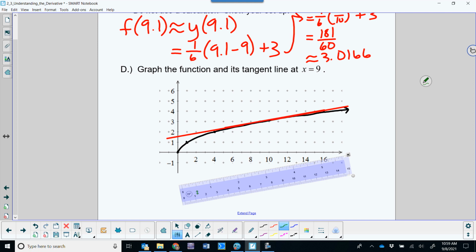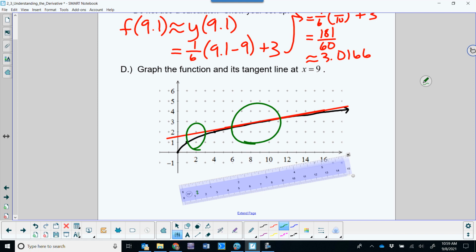So around here, it's a good approximation. The tangent line is really close to the function. But over here, if I tried to use the tangent line to approximate the square root of 2, that wouldn't be a very good answer because it's pretty far away and the tangent line isn't that close to the function. So that's the idea about a local approximation.